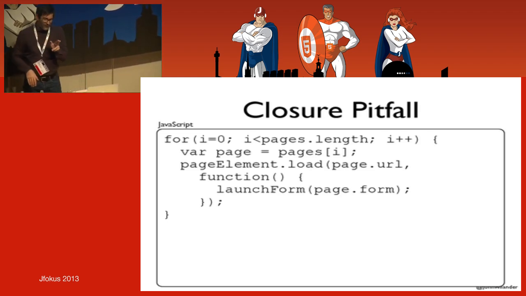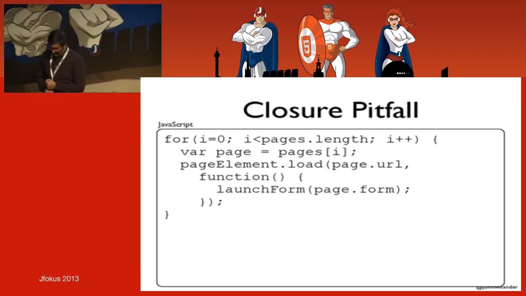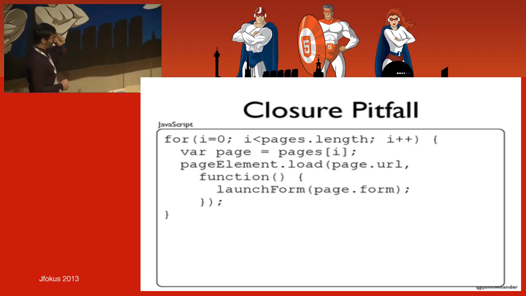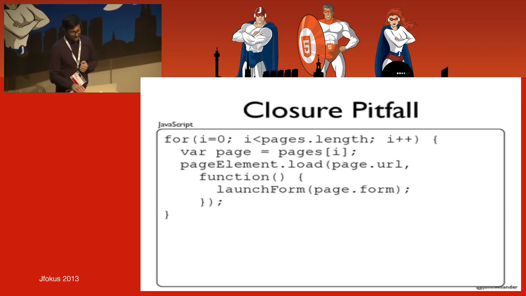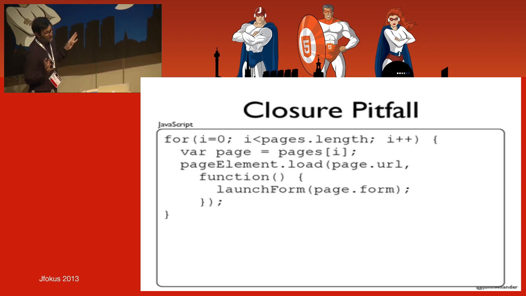But I'd like to show you a typical pitfall that you can find yourself in when you're writing JavaScript code, in this case when you're doing things asynchronously, typically AJAX. So this is a snippet of code that's supposed to load some kind of page element.